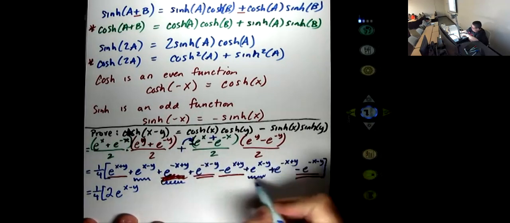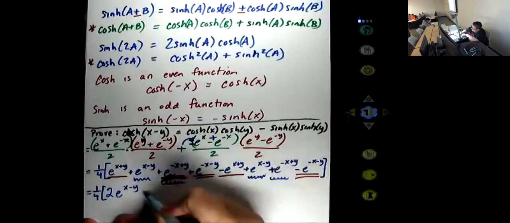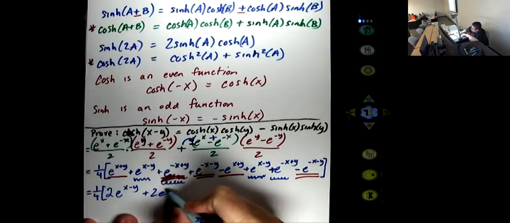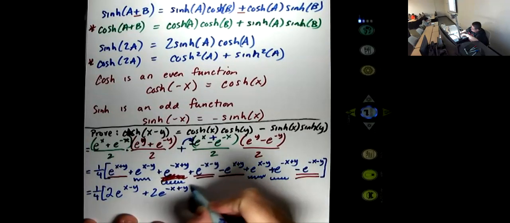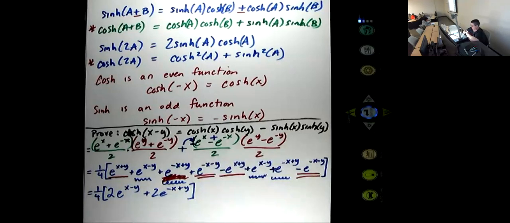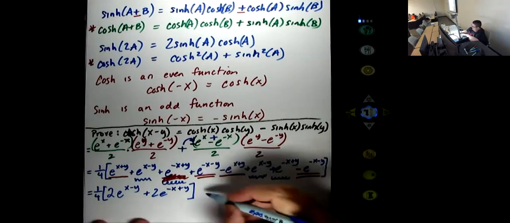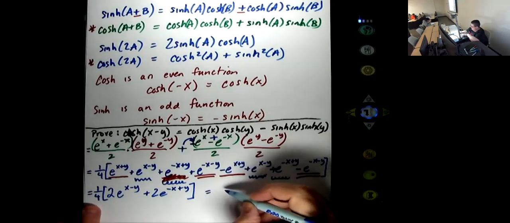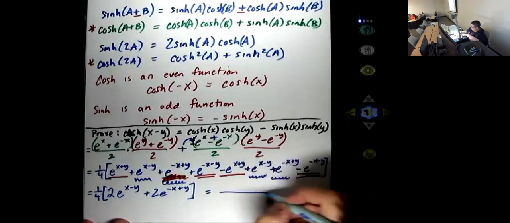This one goes with that one, and there's two of those. So I've got 2 on each of these. The 2 over the 4 puts a 2 on the bottom.